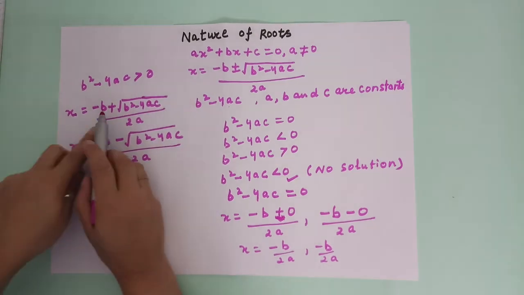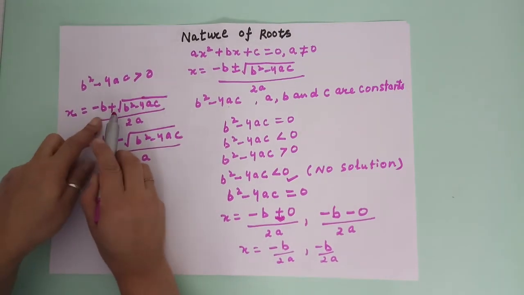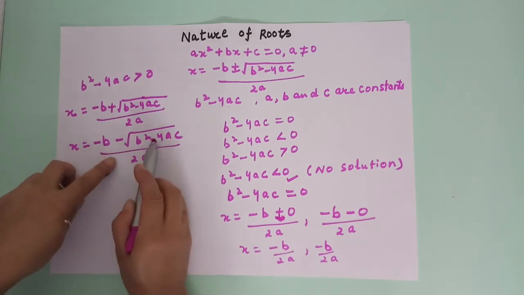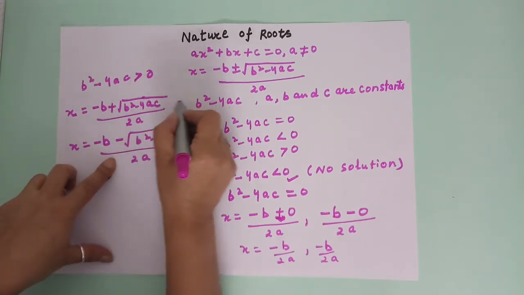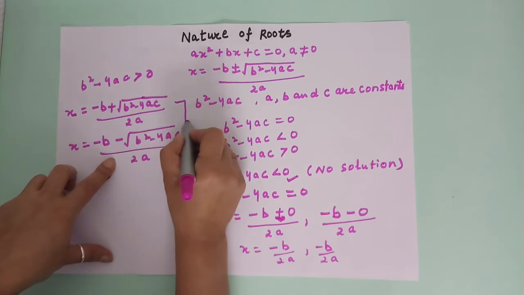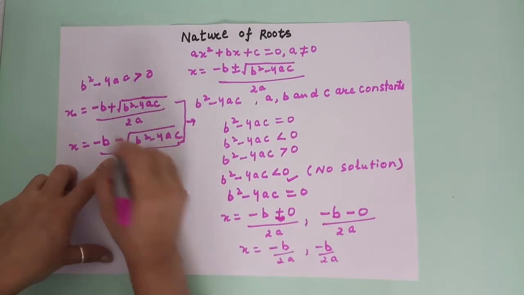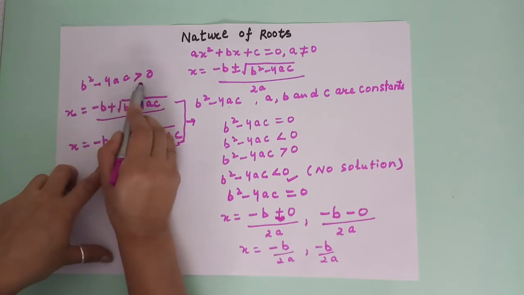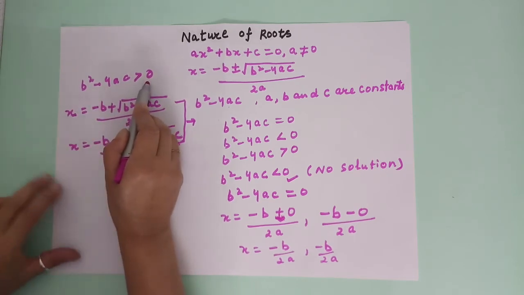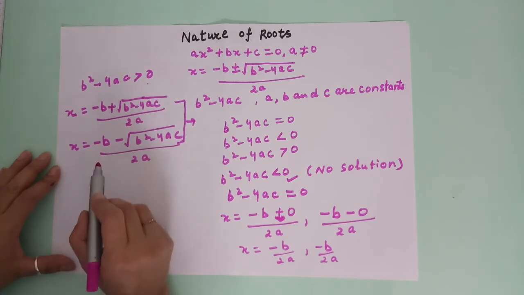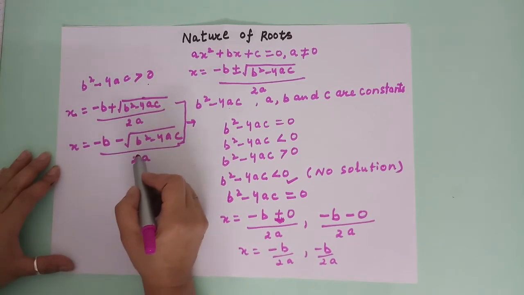Now here one will be -b plus something and another will be -b minus something. That means I will have two distinct roots over here, right? But they will be real also. So when b² - 4ac is greater than 0, the equation has real and distinct roots.